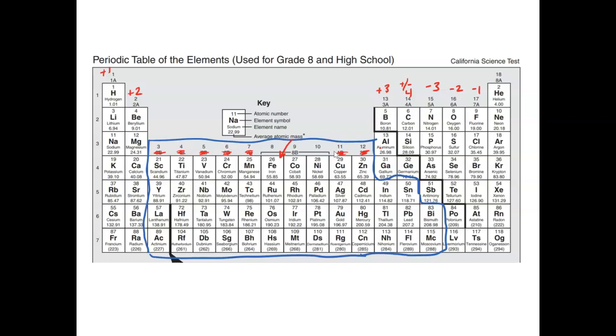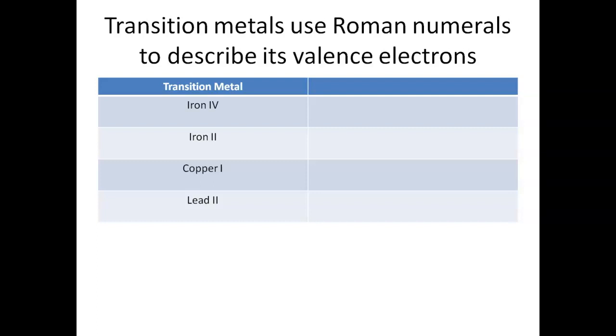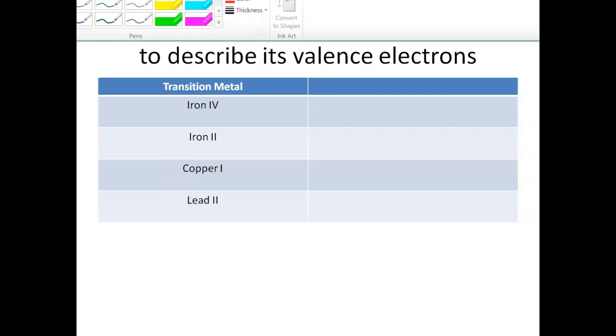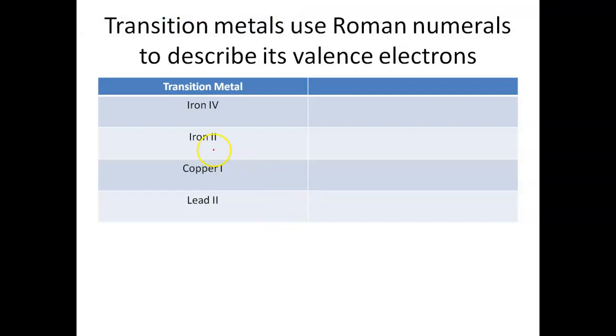But the Roman numeral you see by the name has an enormous purpose. What that does is it tells us how many valence electrons it has. So if you have an atom of iron 4, where it shows the Roman numeral 4, it means that iron has 4 valence electrons.